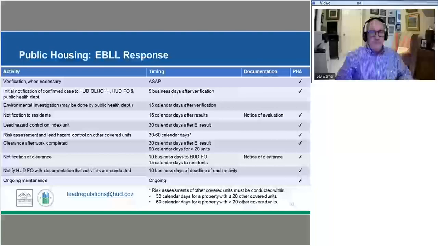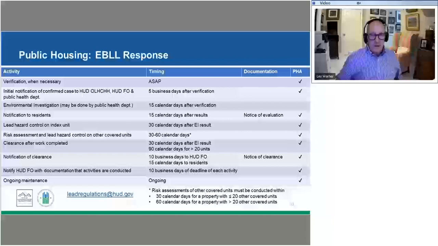I'll just mention that in being prepared to properly address a child with an elevated blood lead level, you probably need the more extensive training. Chris gave a great overview, but I would recommend that if you don't have someone on your staff who has taken this training and is the designated person who will lead those efforts, you think about making sure someone on the staff has gone through this and remains up to speed.